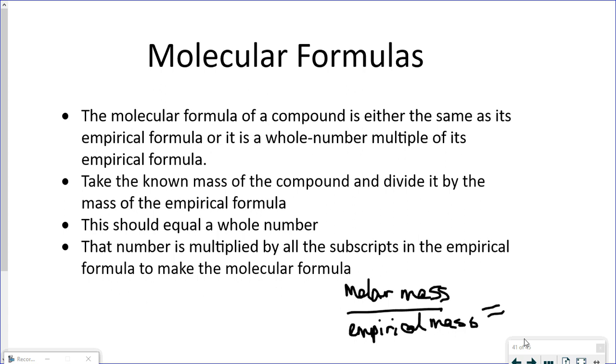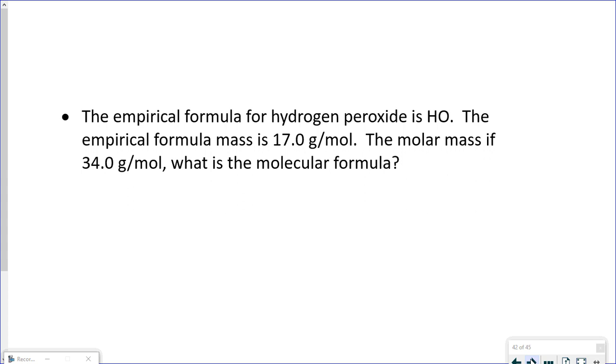So let's look at how one of these problems will look. Here we have an empirical formula for hydrogen peroxide that is HO. The empirical formula's mass is 17.0 grams per mole, and the molar mass of hydrogen peroxide is going to be 34.0 grams per mole. What's the molecular formula for hydrogen peroxide? So our setup, we had our molar mass, which it tells us is 34. So always the larger numbers should go on top here.